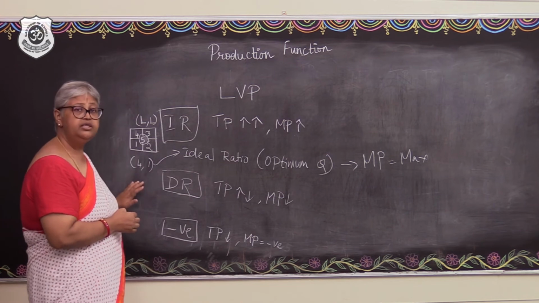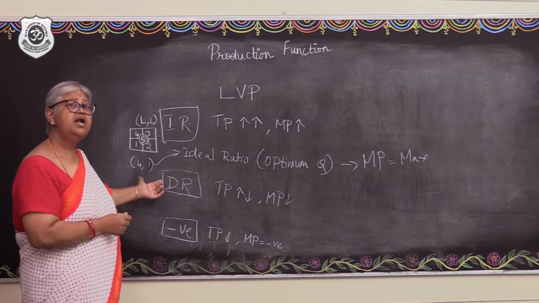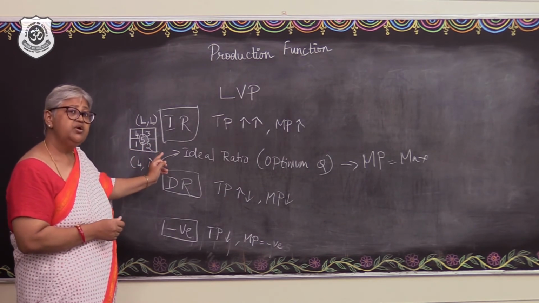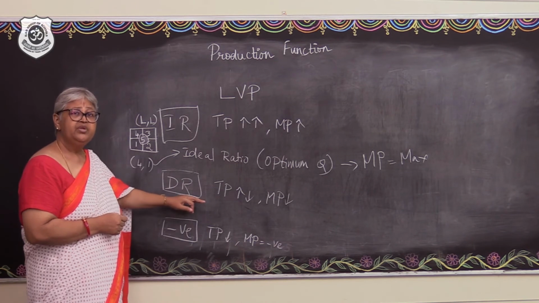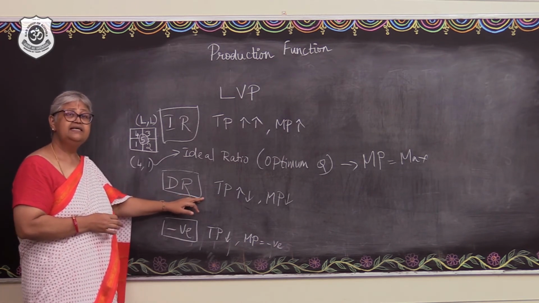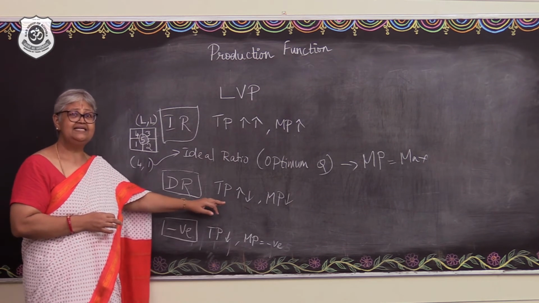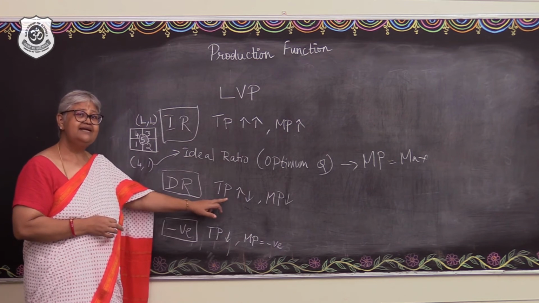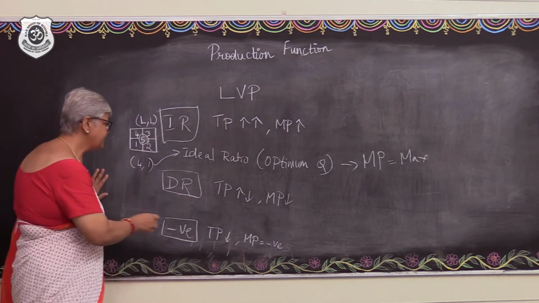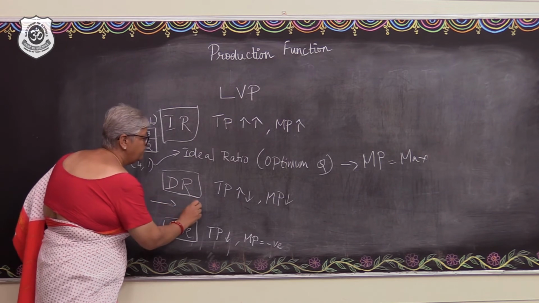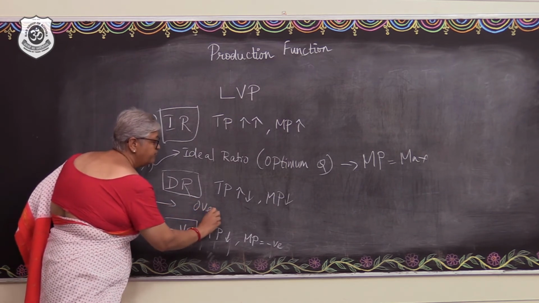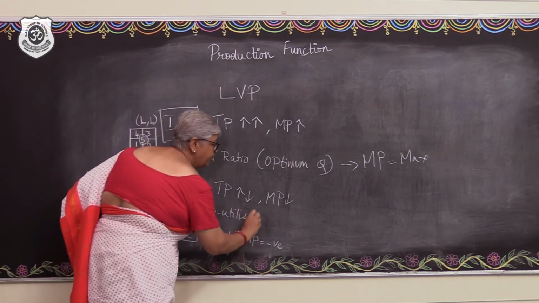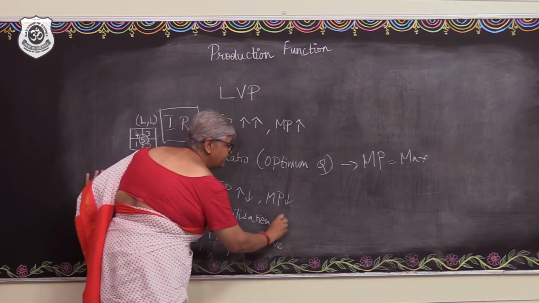So when one more unit of the variable input is going to be employed in the process of production, that additional unit of the variable input will only give a lesser return, or there is going to be a decreasing return. So the MP falls and the TP increases, but it increases at a decreasing rate. Now why is that happening? That is happening because of overutilization of the fixed factor.